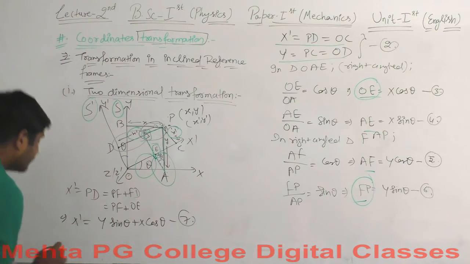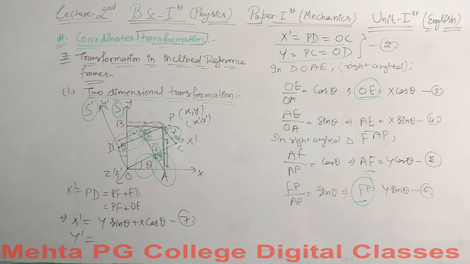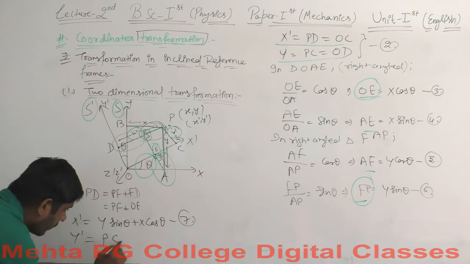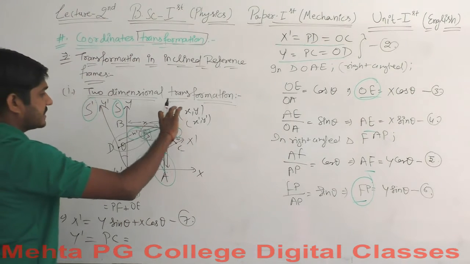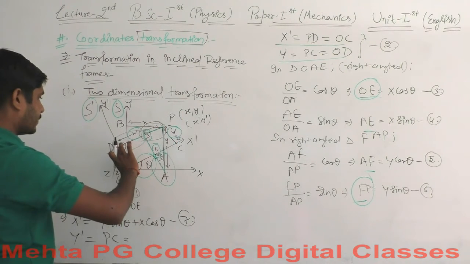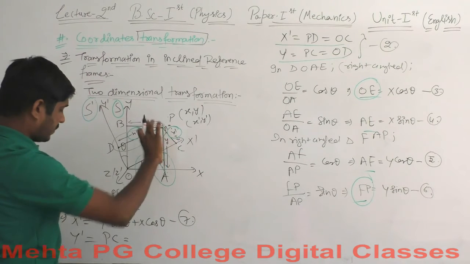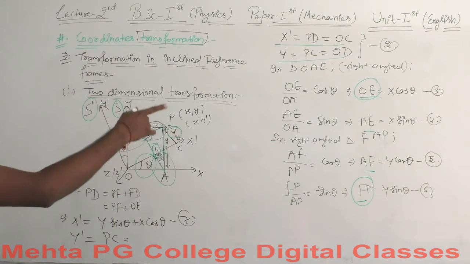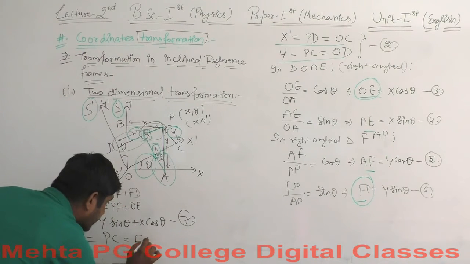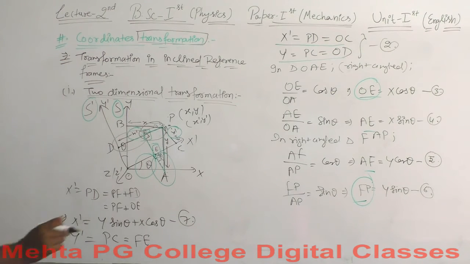Also for y dash, y dash is equal to PC. This is the PC, and PC is equal to FE, or OD. Yes, PC is equal to FE. Maybe you can say this is equal to OD, but OD doesn't matter to us.